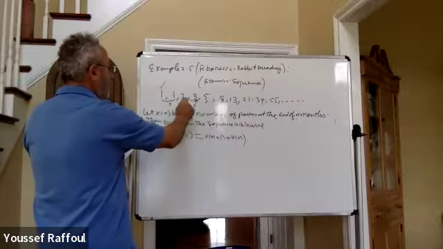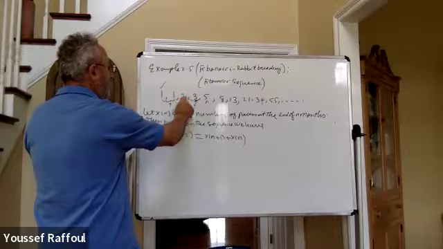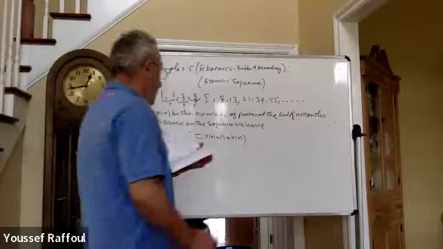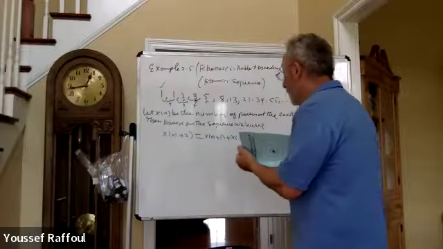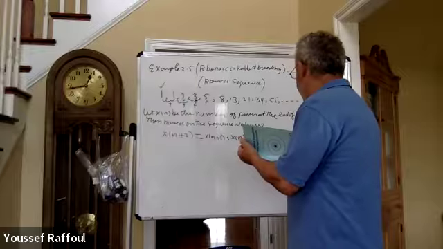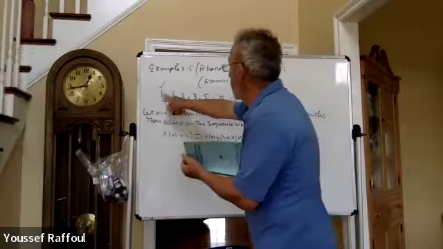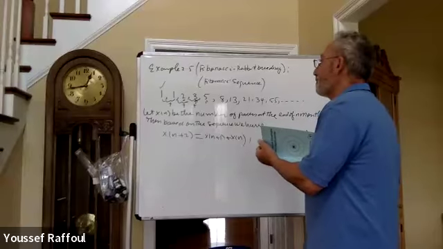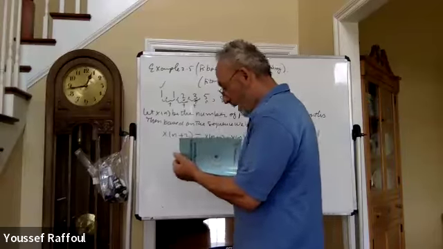You see? Every time you shift. And now we have x of 1 is 1 and x of 2 is 1. Okay?